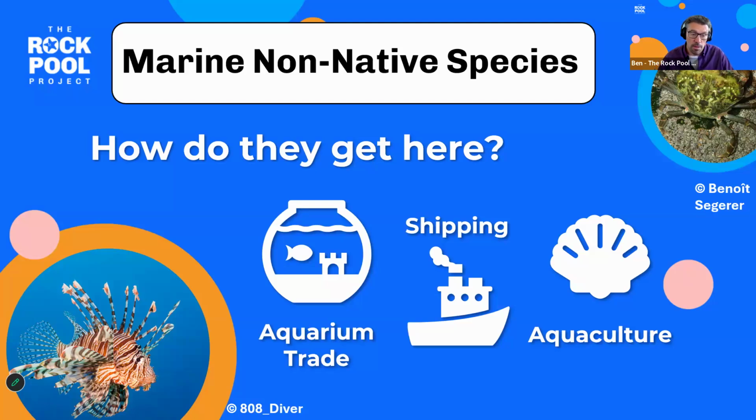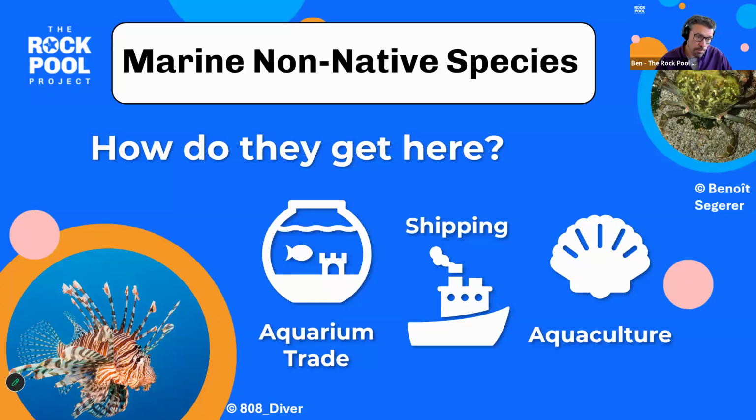Many won't settle, but some will, and then they can establish. Aquaculture is another big player when it comes to non-natives. Some of the examples we'll talk about here in the UK have been either deliberately brought here for aquaculture reasons, or they might have been transported on species that have been brought here for those reasons.